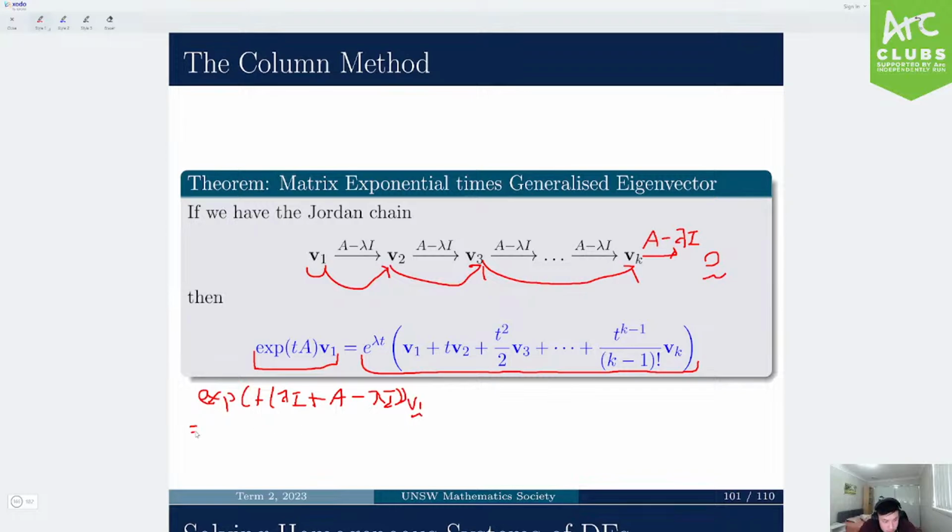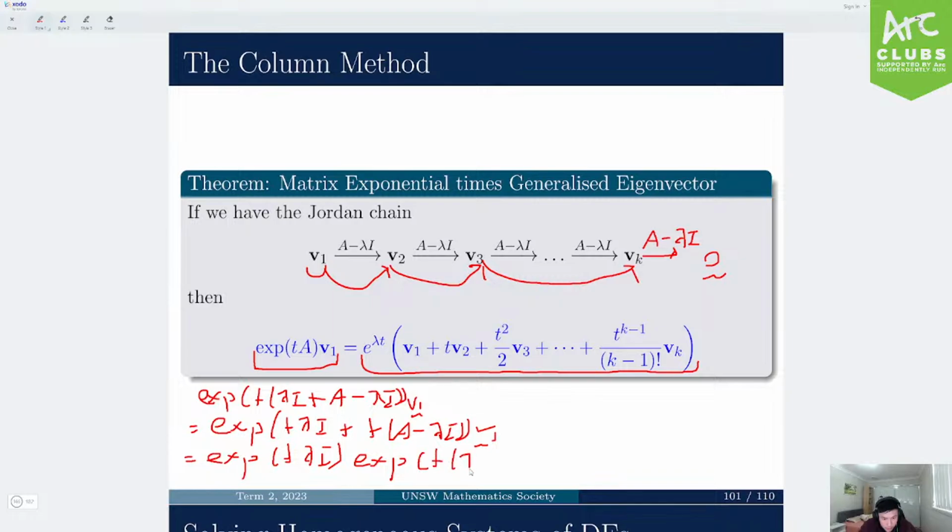That's going to equal exp of t lambda I plus t(A minus lambda I) v1. And we know that the identity matrix commutes, so we can actually break this up into exp of this guy here, like that, right?